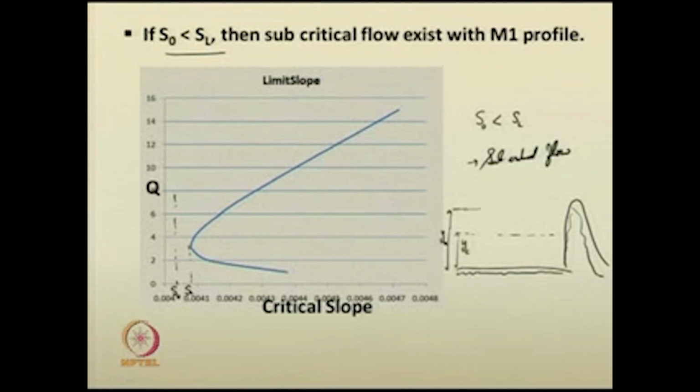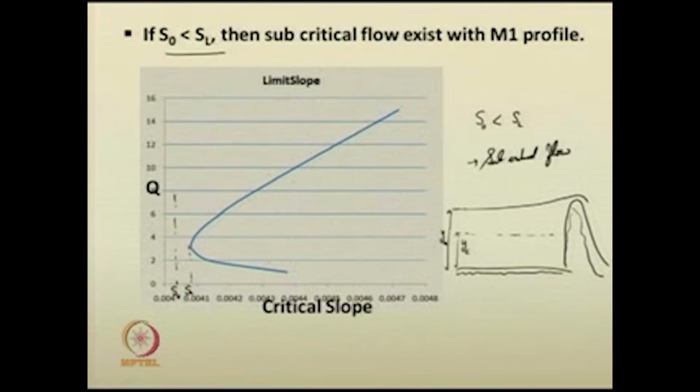Then the gradually varied profile will be something of this form. Fine, this will be the gradually varied flow profile. In such a situation there will not be any transitional depths, because your bed slope is already less than the critical limit slope. So it is a subcritical flow existing there.